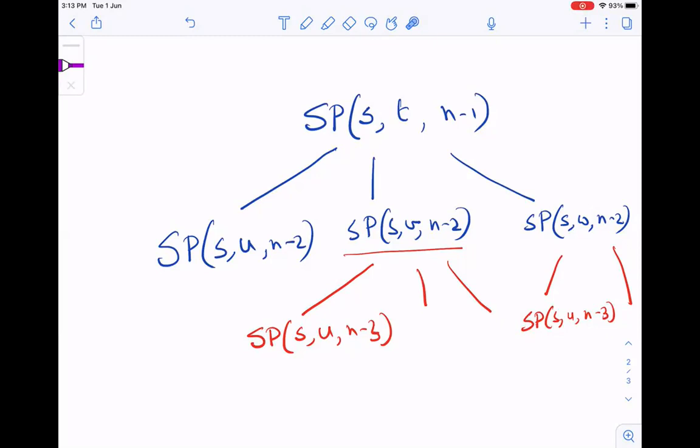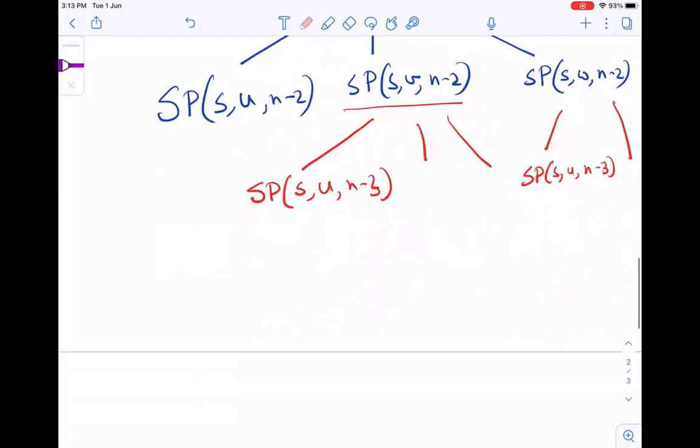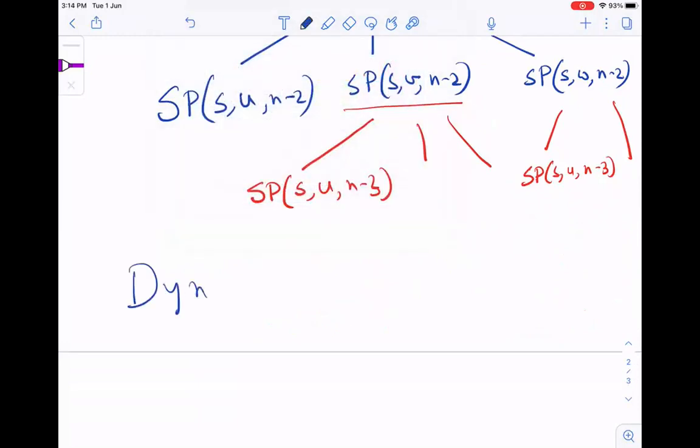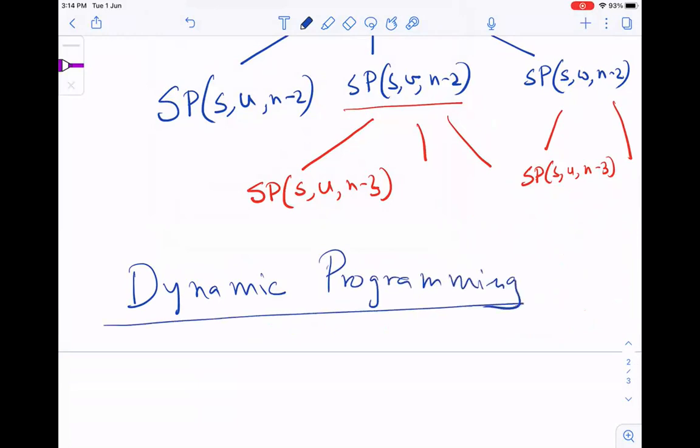And this so-called very simple idea is what is known as dynamic programming, something that is usually considered to be one of the trickier things to master.